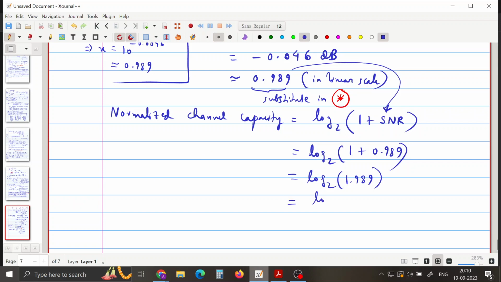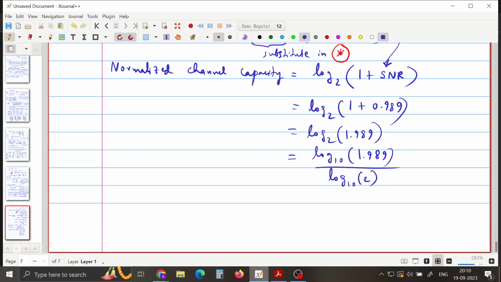This can also be expressed as log base 10 of 1.989 divided by log base 10 of 2, right? I can write it like this, and you can calculate log base 10 easily. This is a change of base of logarithm.